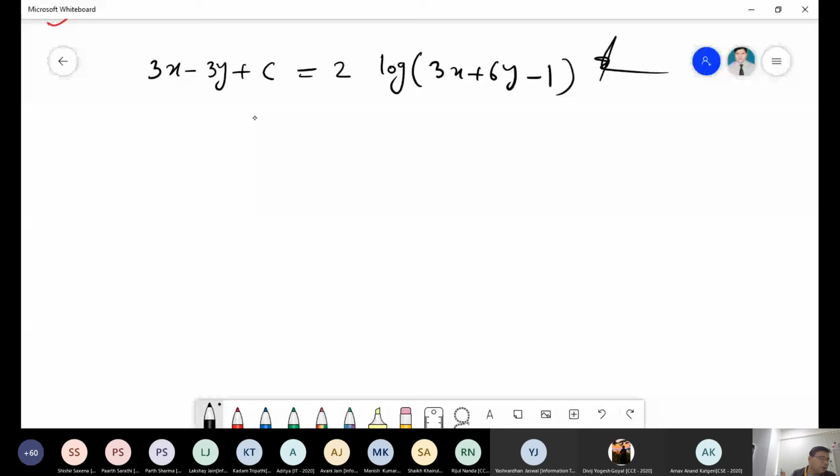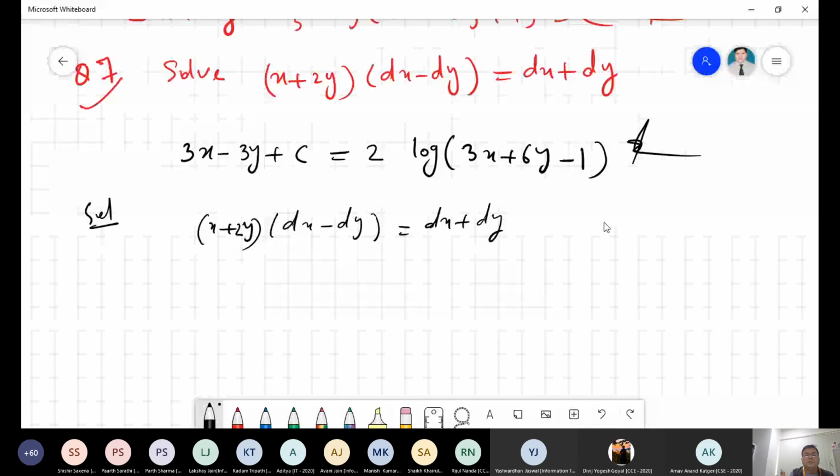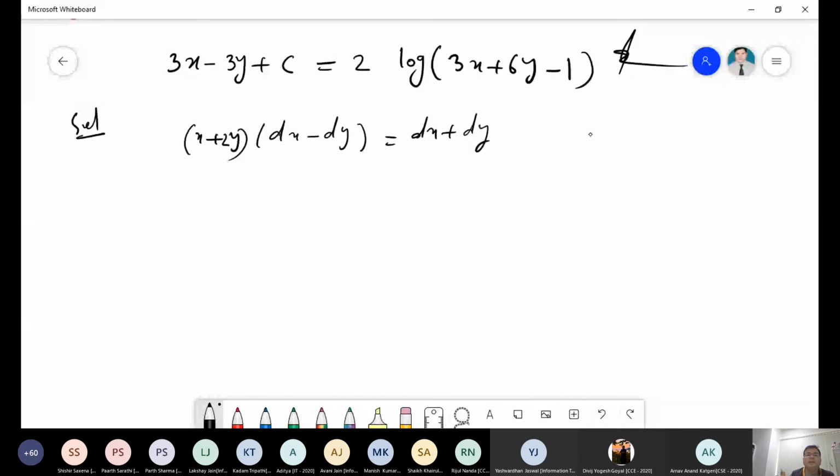This is the question. Can you write it? This is your question: x plus 2y, right? x plus 2y, and then dx minus dy, and this is equal to dx plus dy. You check it. When you take dx this side and dy this side, this will be x plus 2y minus 1 dx.